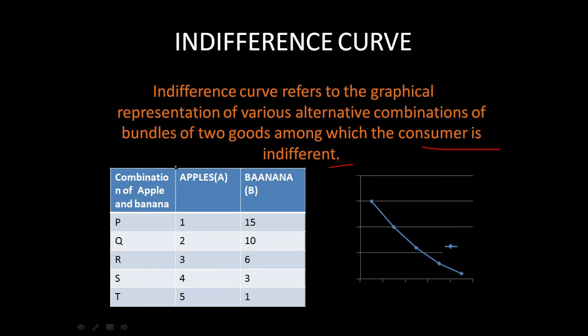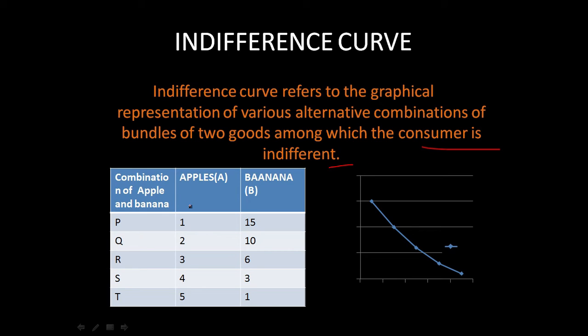So when we are talking about the indifference curve, it refers to the graphical representation of various alternative combinations of bundles of two goods, among which the consumer is indifferent. Means he will get an equal amount of satisfaction, and he is not going to change even.